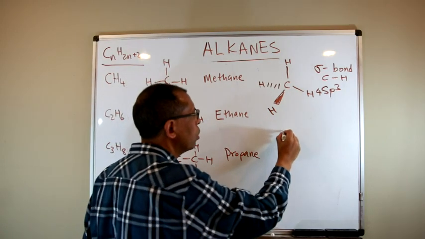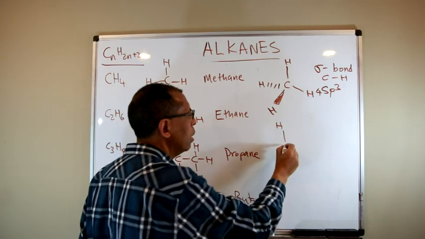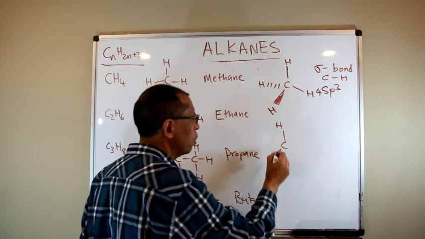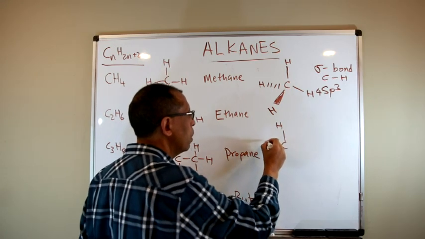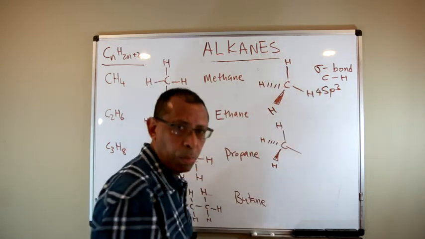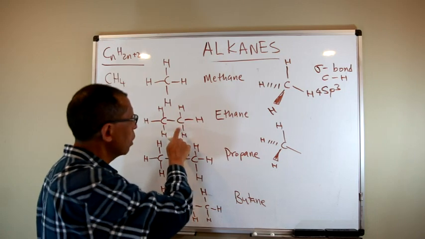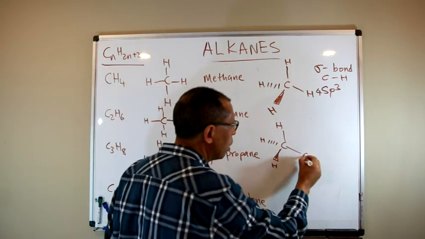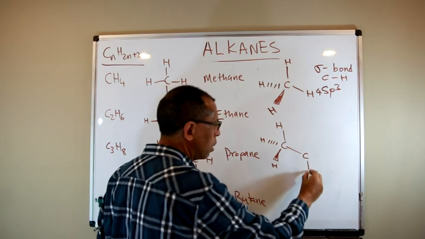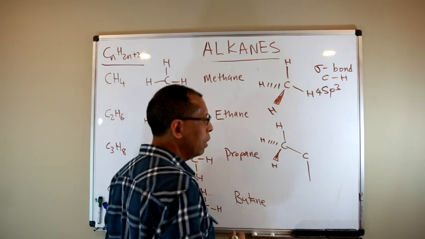So the structure for ethane would have C, of course, with the hydrogens still kept, and this hydrogen now is replaced by one more carbon. So that carbon is this carbon, and you always draw that this is on the plane of the board.